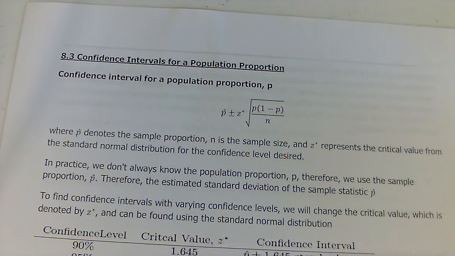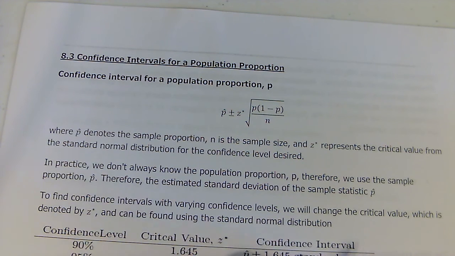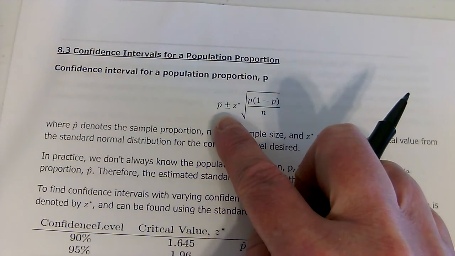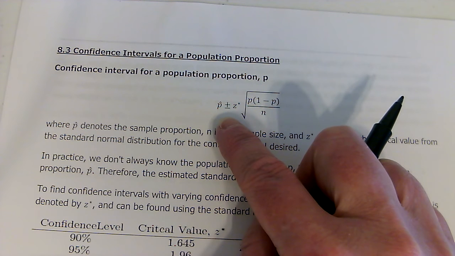Confidence intervals for a population proportion. Now, I feel these are the easier ones to calculate. Notice that the formula is very similar to that for the mean.